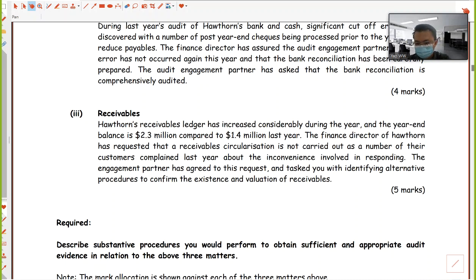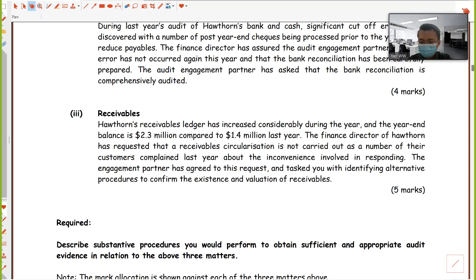The finance director has requested that a receivable securitization is not carried out, as a number of their customers complained last year about the inconvenience involved. The engagement partner has agreed to this request, and tasks you with identifying the alternative procedures to confirm existence and valuation of receivables. 5 marks.